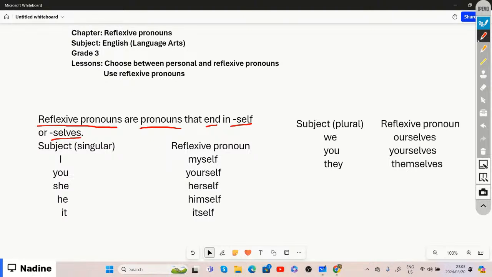If we look at the word self, then we use words like yourself, myself, herself, himself, itself, right? So that is basically reflexive pronouns.